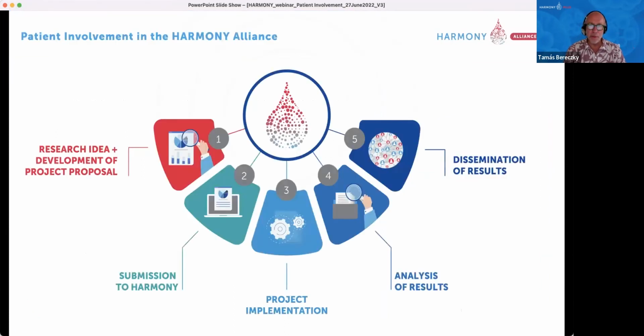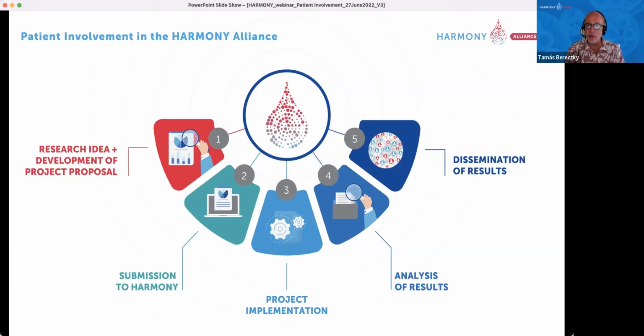This is what the standard operating procedure entails. It discusses the development of the research idea or the project proposal as the first step. The next step is the submission of this research proposal to Harmony. The third step is about the implementation of the research project. The fourth step is analyzing the results.